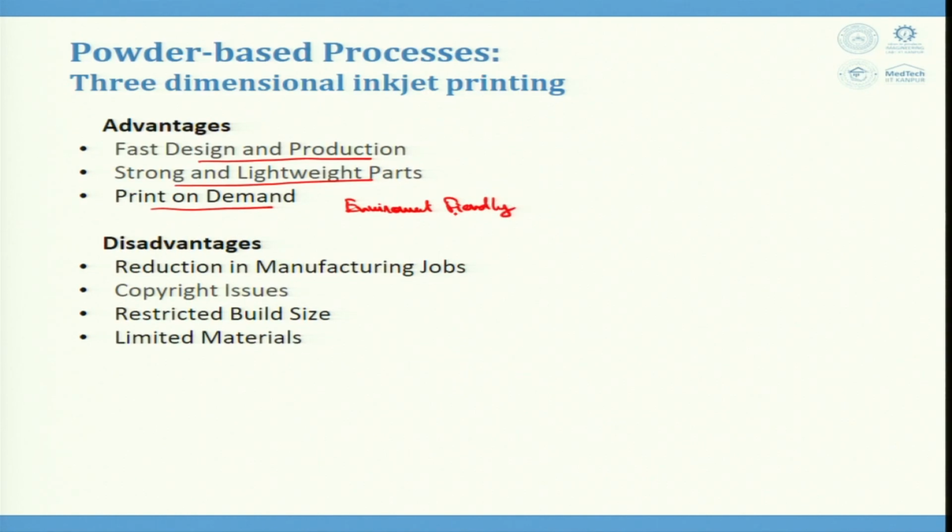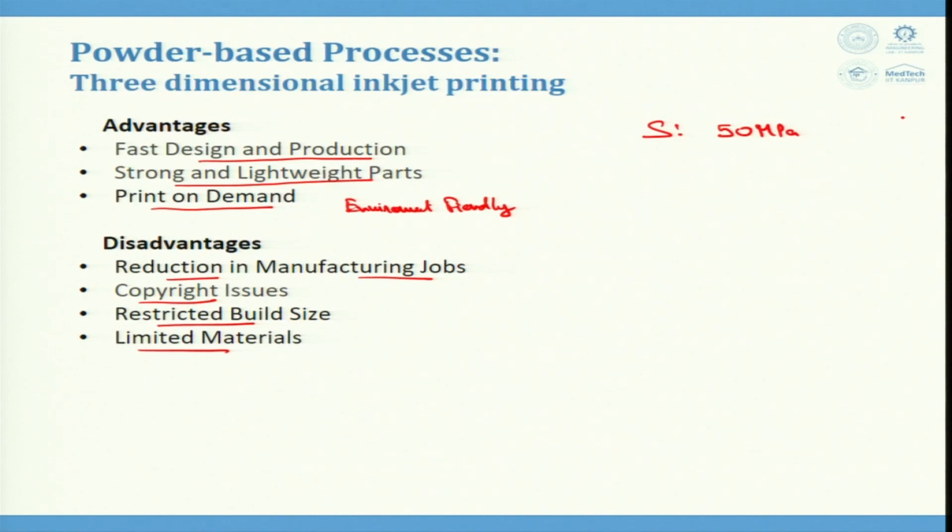The disadvantages jotted down here are reduction in manufacturing jobs, copyright issues, restricted build size and limited materials. The strength that I could quote here for 3D inkjet printed components is as high as 50 megapascal.